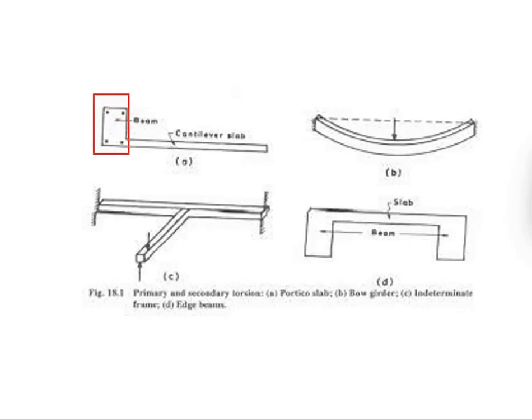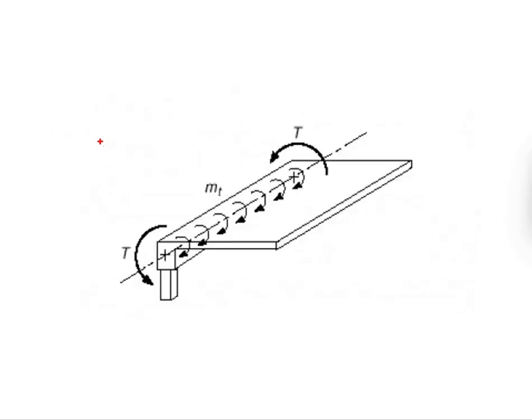For example, you have a beam attached to a cantilever member. Due to the loading here, there will be torsional moment. This one also, due to the cantilever members here, the beam here is subjected to a torsional load.